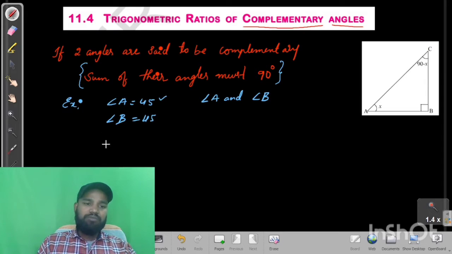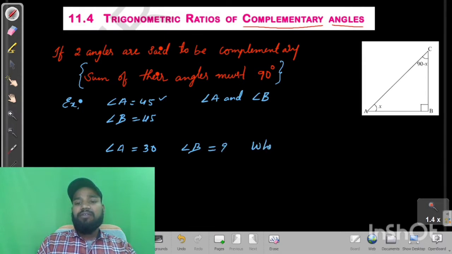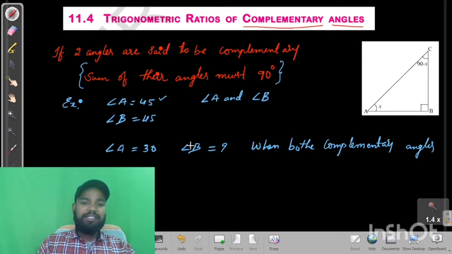One more example: if angle A equals 30 degrees, what is angle B when both are complementary angles?